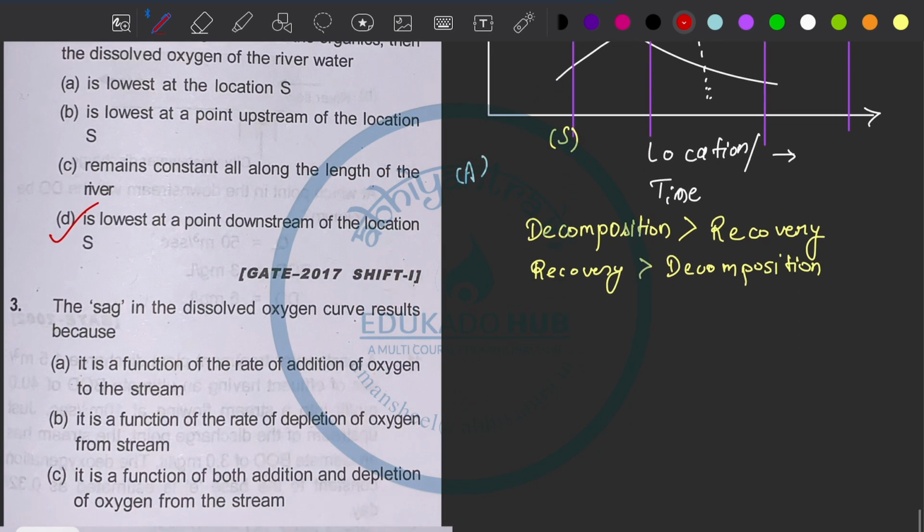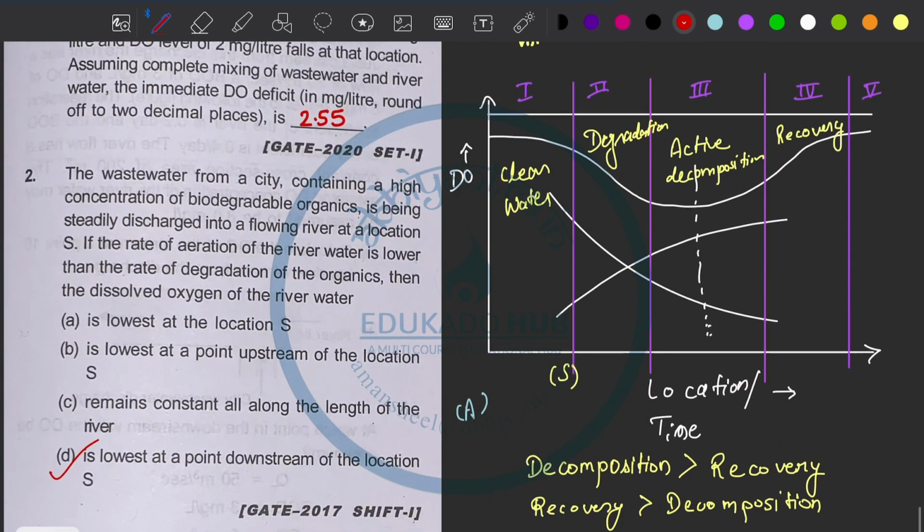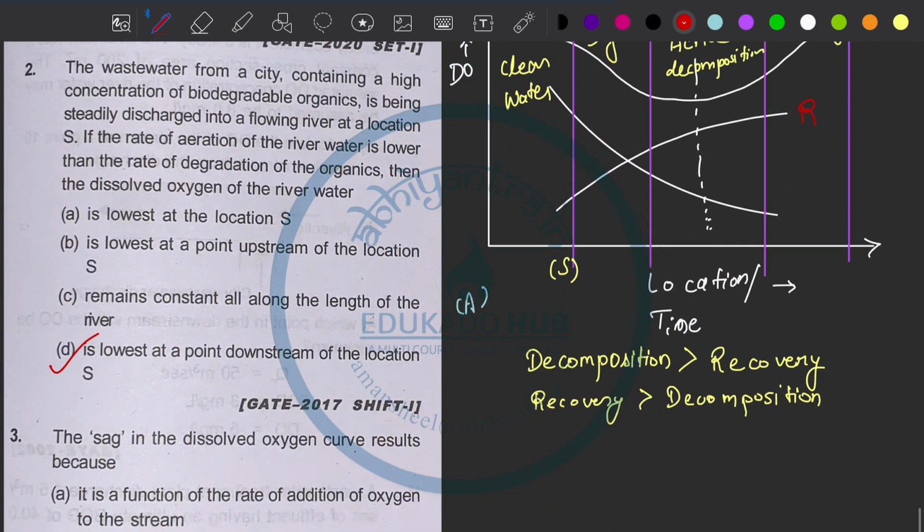So the question is, the sag in the dissolved oxygen curve results because it is a function of rate of decrease, addition of oxygen to the stream, function of rate of depletion of oxygen from the stream, function of both addition and depletion of oxygen in the stream, or rate of addition is linear but the rate of depletion is non-linear. See, we have seen this curve. This is reoxygenation and this is deoxygenation.